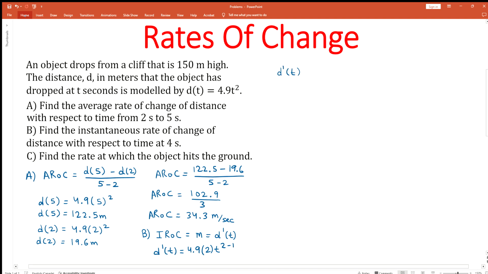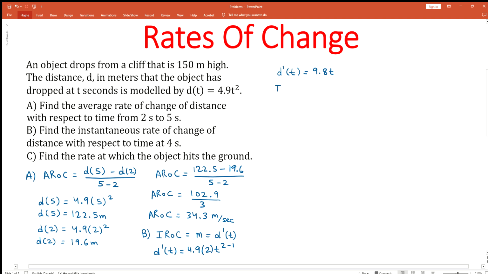So d'(t) is equal to 4.9 times 2, which is equal to 9.8 times t. The exponent of t is 1. We don't write 1 as an exponent, so it's just t. So d'(t) is equal to 9.8t. We have to find the instantaneous rate of change at 4 seconds.